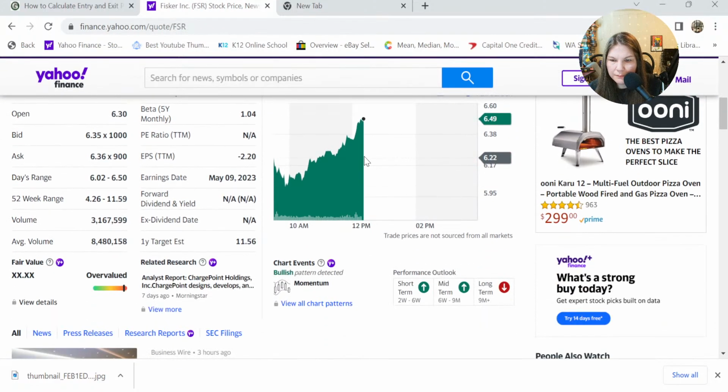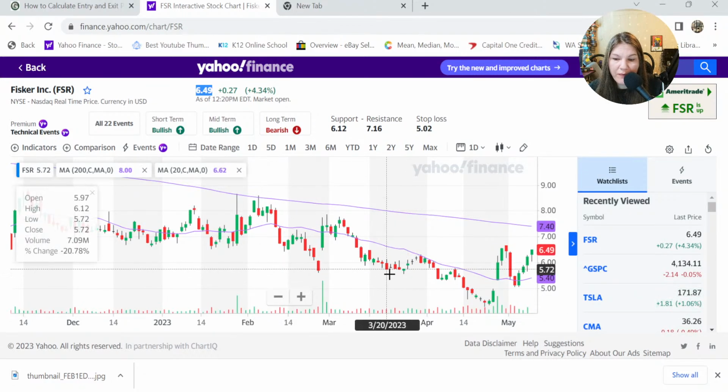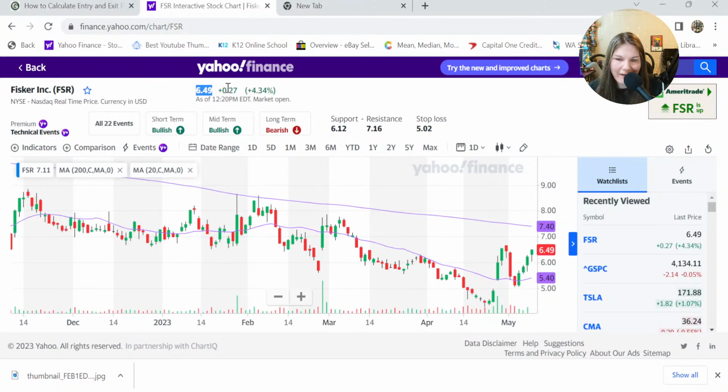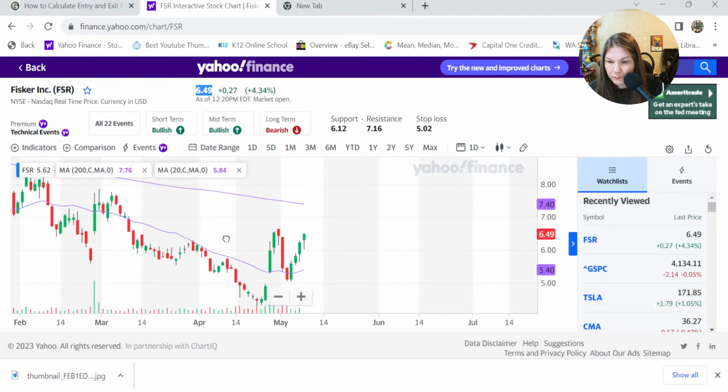Let's check it out. You guys see why I said it was a mover? 4.26 change today. It's only 27 cents, but you got to remember it's a low price stock. It's under $10. So they move fast, but little change. So it's not going to say $5 change because that would be like a 20,000% increase.